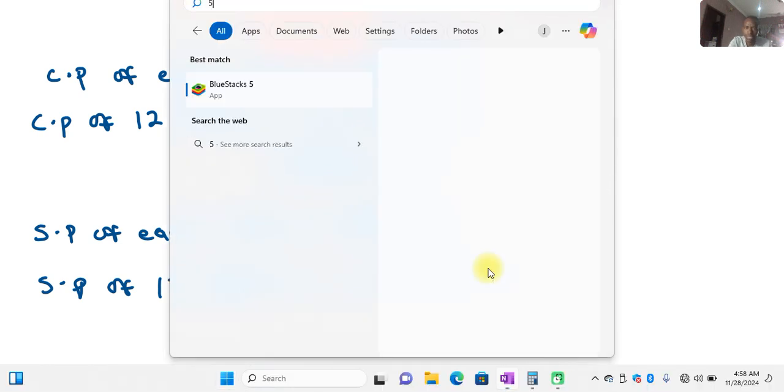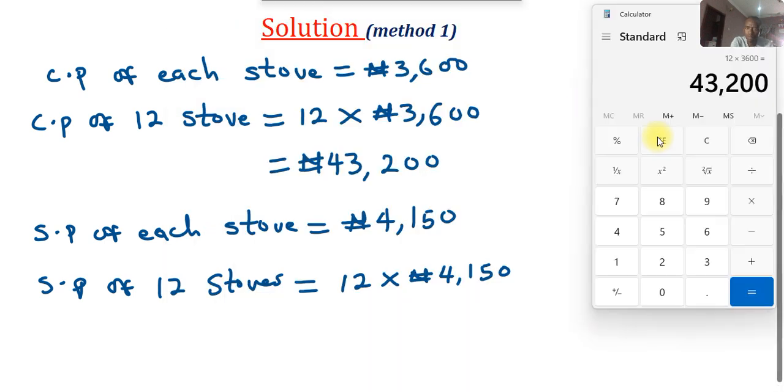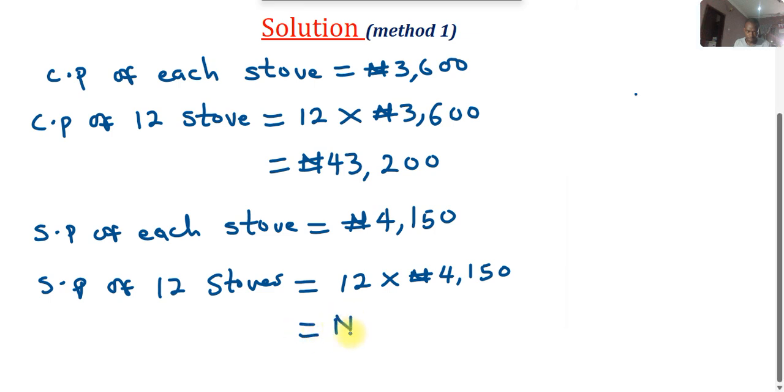If you calculate that, the outcome will be 49,800 naira.